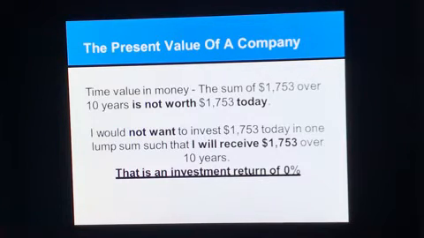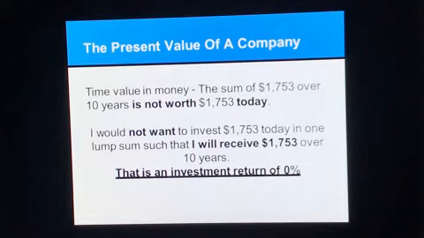But today this total amount is worth less. We would not want to invest 1753 today in one lump sum such that we will receive 1753 over 10 years.